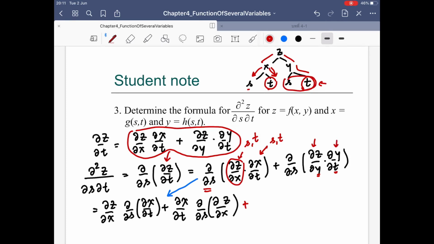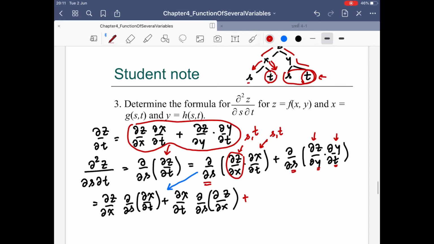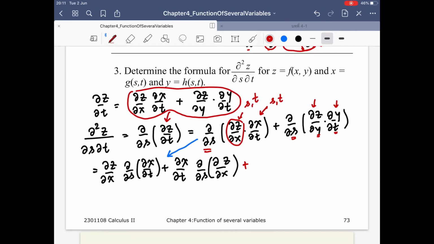So here you have s and t hidden, and you need to find a derivative with respect to s. So you need to use a product rule. The first and the derivative of the second, plus the second and the derivative of the first. So here is your second term contribution.